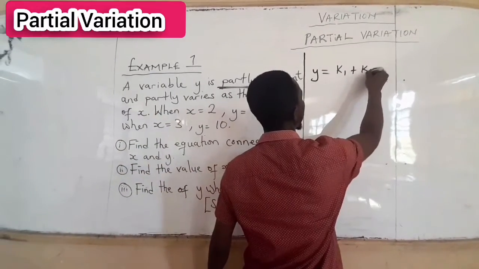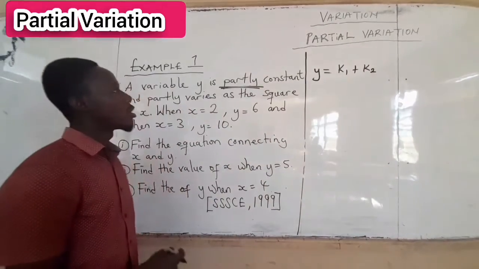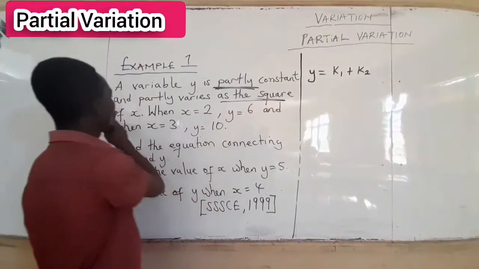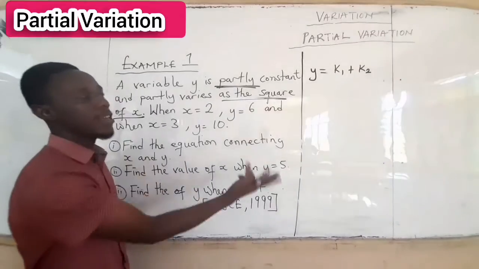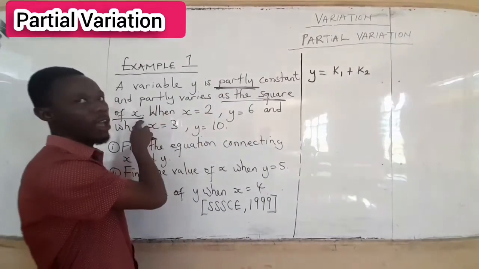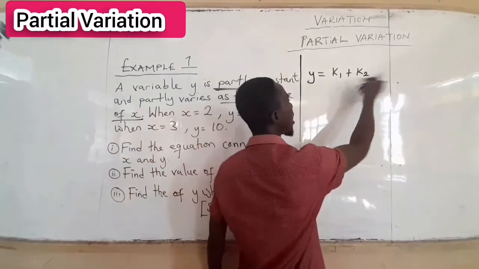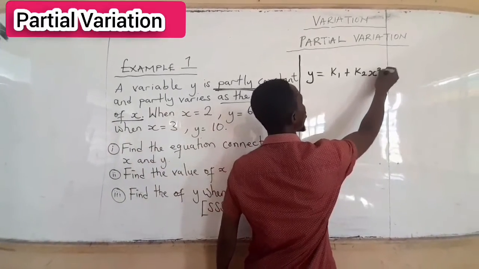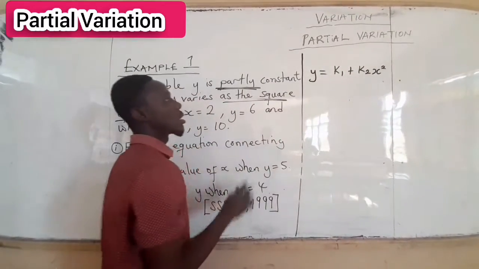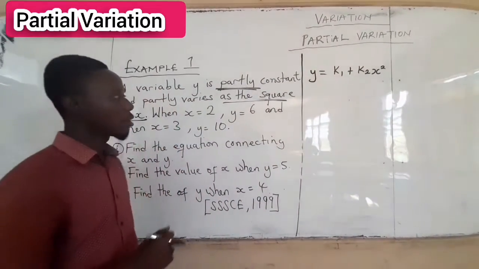Let's call it k2, varies as the square of x. So the second constant will multiply the square of x. Therefore, we will get k2x squared. This will be the expression.